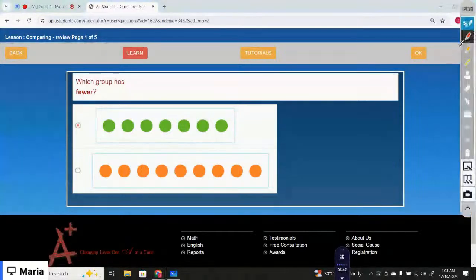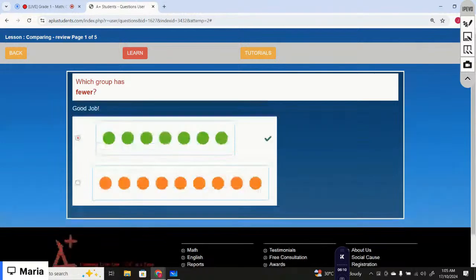Let's just match them one by one, right? Look like this. So you have green, no more green dots, but still you have orange dots. So that means green dots are fewer than the orange dots. Got it? The correct option is green.